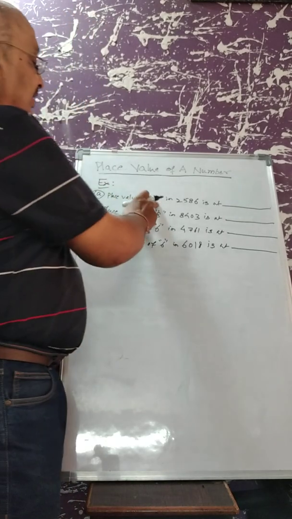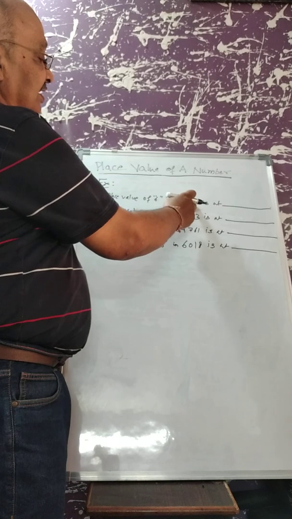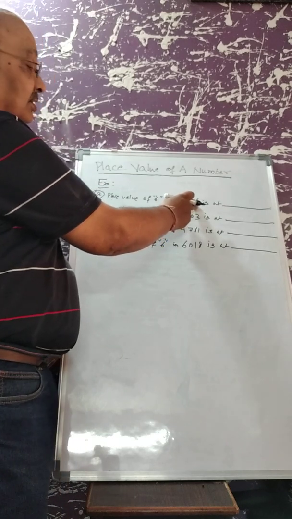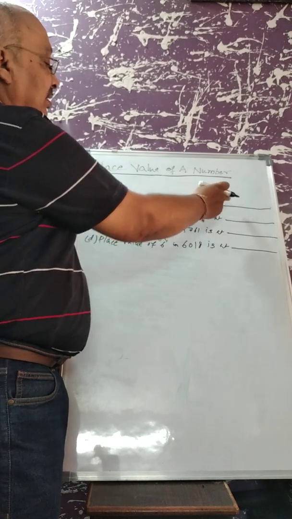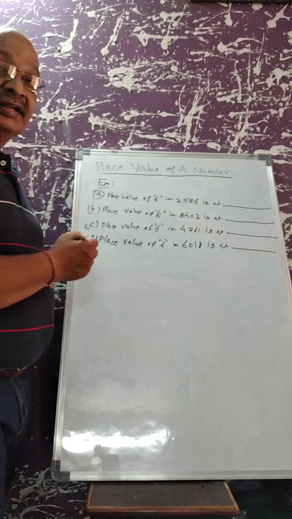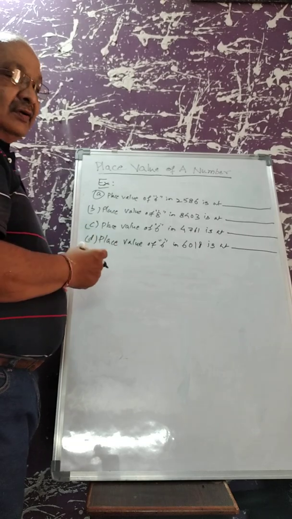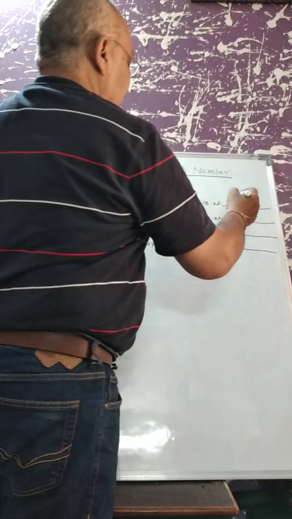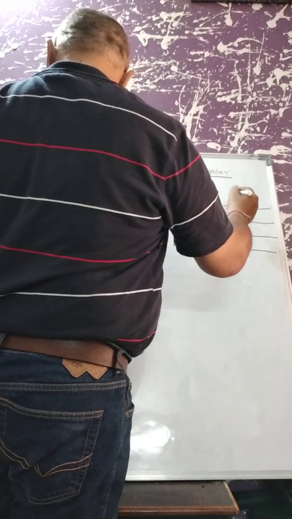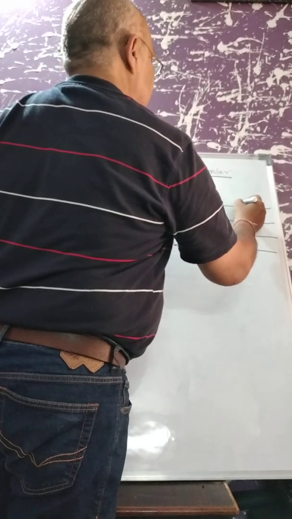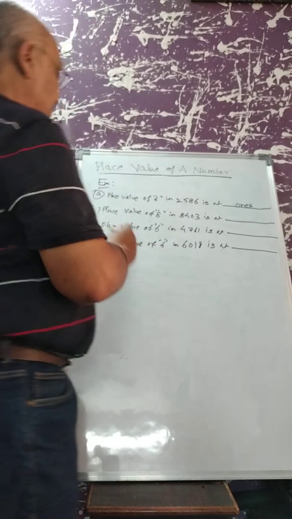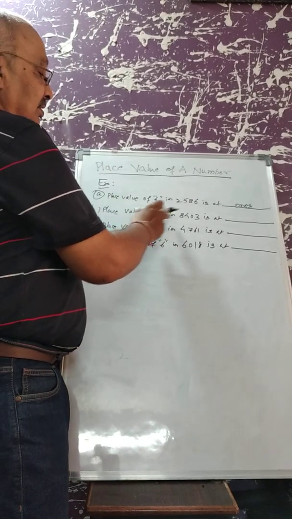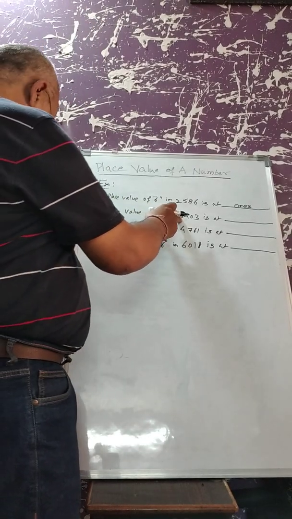You see, place value of 6, where you are getting 6 is at the place of ones. So what will you be writing over here in the blank space? It is ones. It is at the place of ones. Place value of 8, here it is at the thousands.